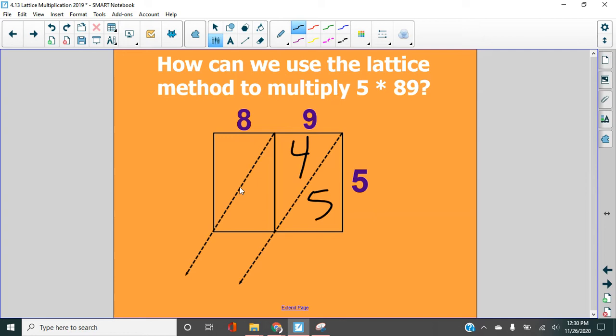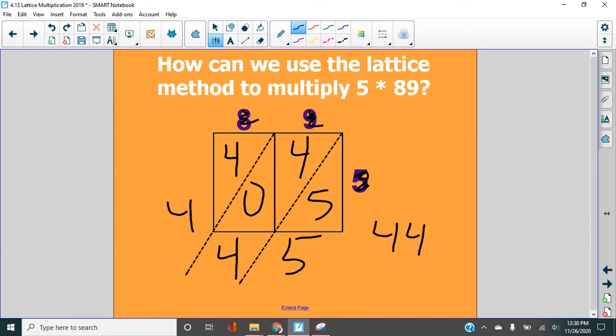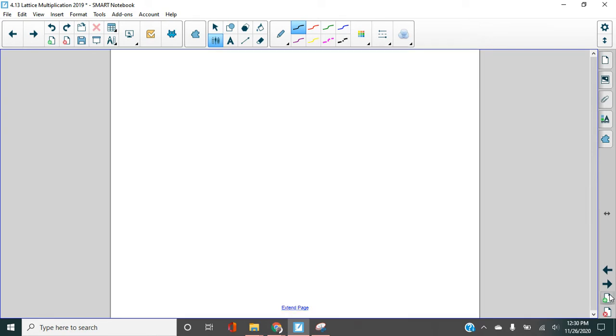Okay, it's 40 because 8 times 5 is 40. And now we can get rid of these numbers so that we don't get them mixed in. If you don't get rid of those, sometimes people will add those in too, right? And so getting rid of those numbers gets them out of the way. 5 plus nothing equals 5. 4 plus 0 equals 4. And 4 here, 445.